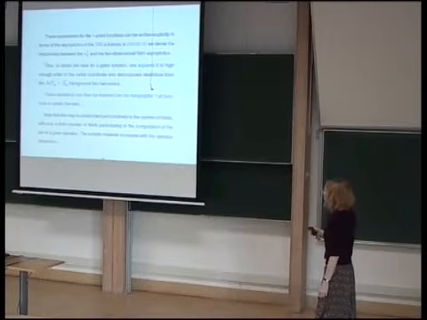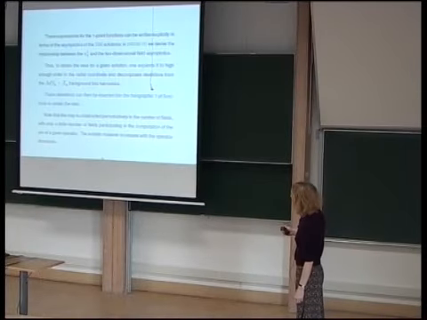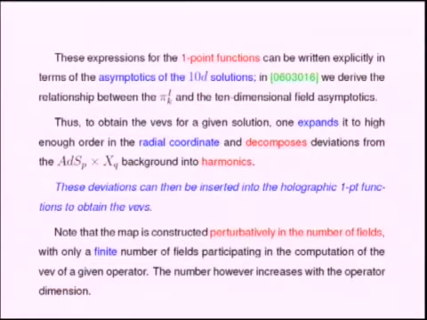We have expressions for the one-point functions explicitly in terms of the asymptotics of the 10-dimensional solutions. We have the relationship between the pi and the 10-dimensional field asymptotics. So if I give you any asymptotically, say, AdS5 cross S5 solution, to get the VEVs of the operators, all you do is expand it out in the radial coordinate, decompose the deviations into harmonics, plug them into our holographic one-point functions, and get the VEVs.